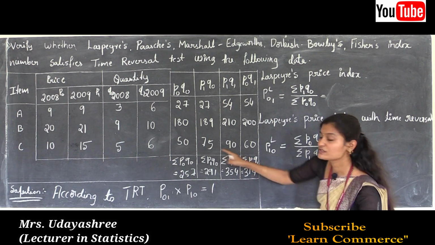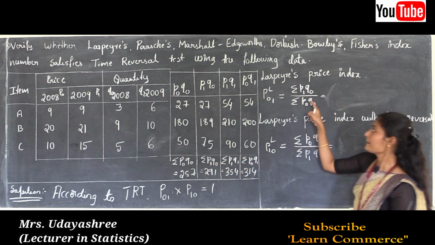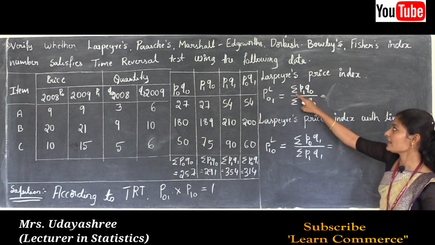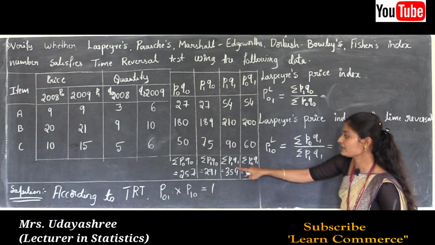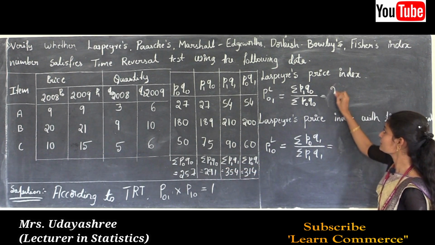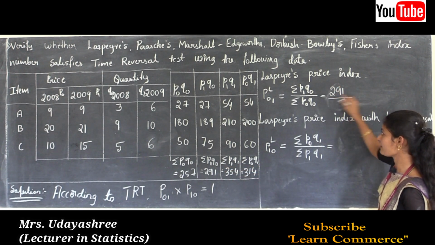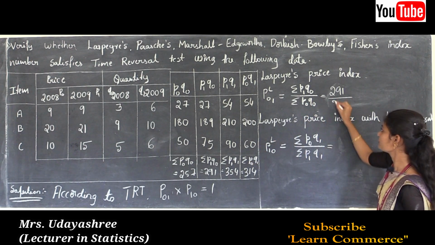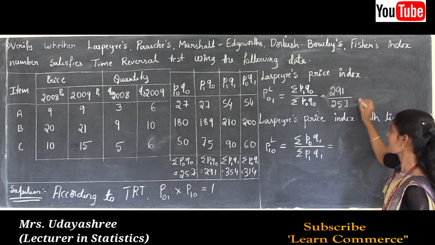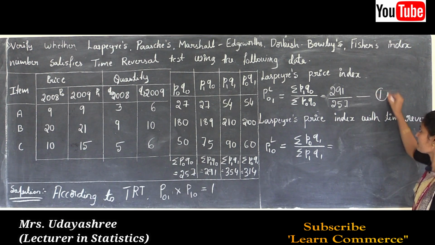Now substitute these values in formula. Here formula is sum of P1 Q naught, here sum of P1 Q naught is 291 divided by sum of P naught Q naught is 257. I will call it as equation number 1.